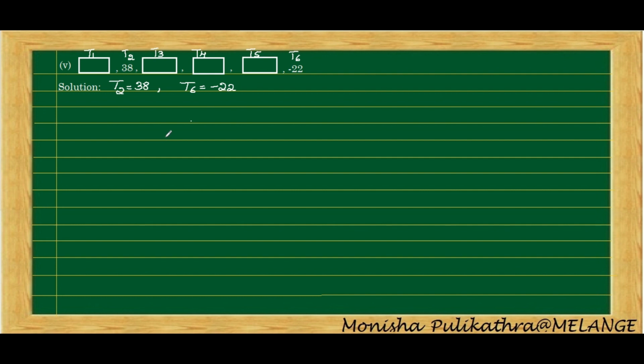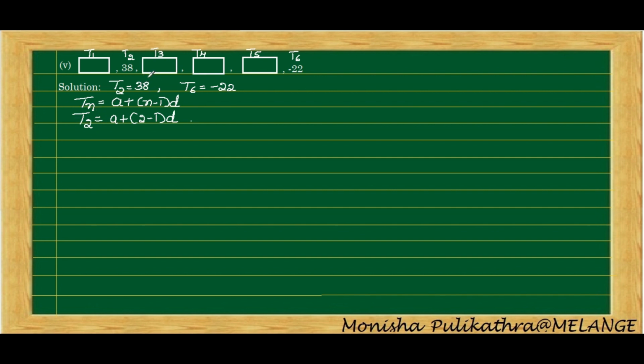So these two terms are given here. So let us apply the Tn formula. Tn is equal to A plus n minus 1 into D. We need to substitute both the terms into this formula. First I am substituting T2. T2 is equal to A plus, n is 2, so 2 minus 1 into D as it is. A and D are not given.